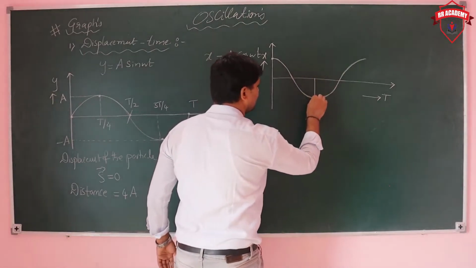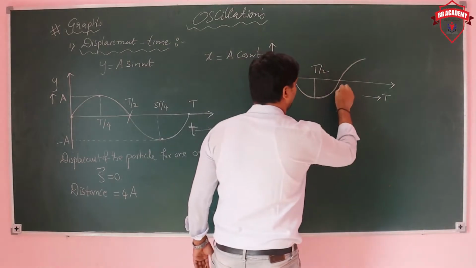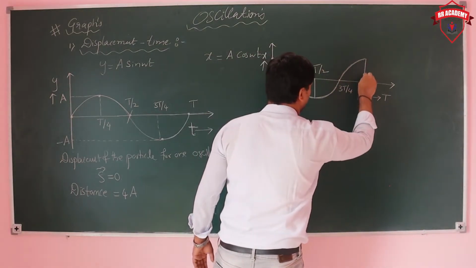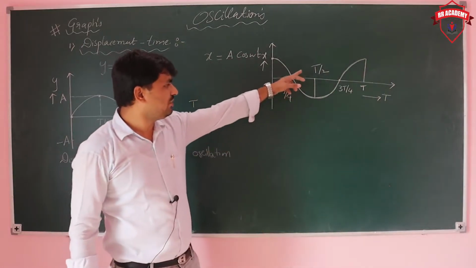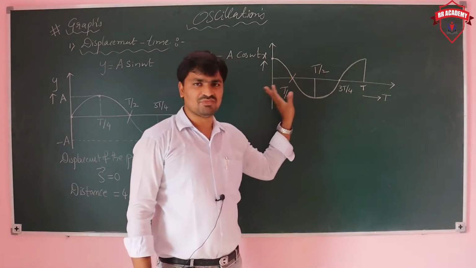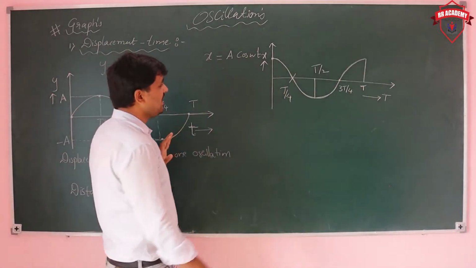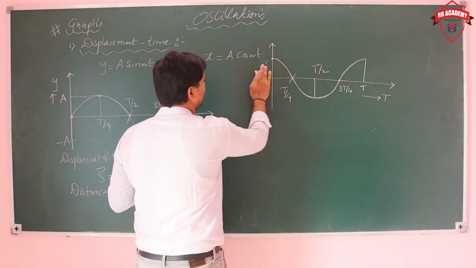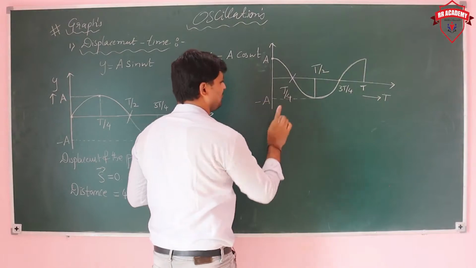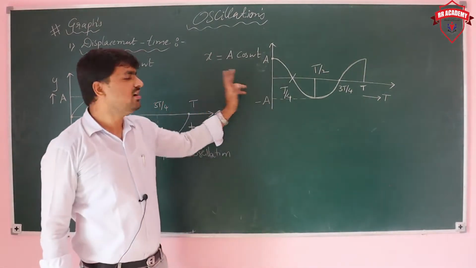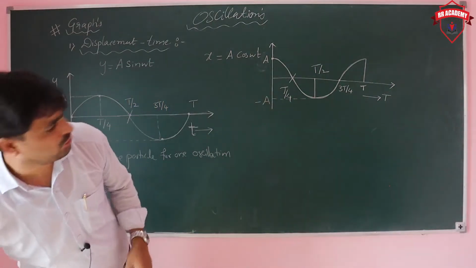This time is T by 2, this time T by 4, this time 3T by 4, and this time is T. T by 4, T by 2, 3T by 4, T. Like that we can take it for x equal to a cos omega t. Again you can take this as plus a, and this as minus a. That's all, there is no difference. You can take any one.